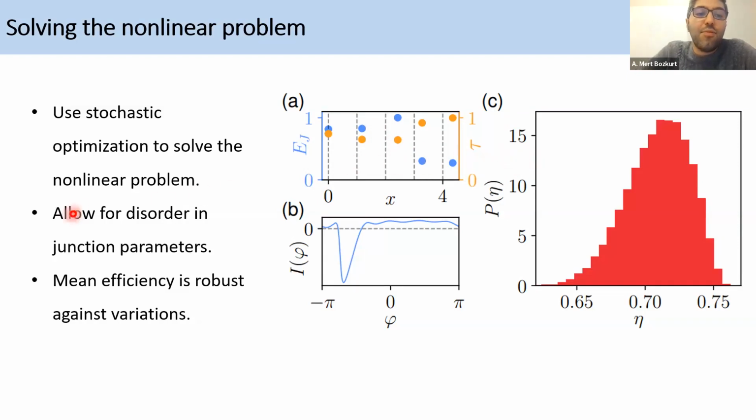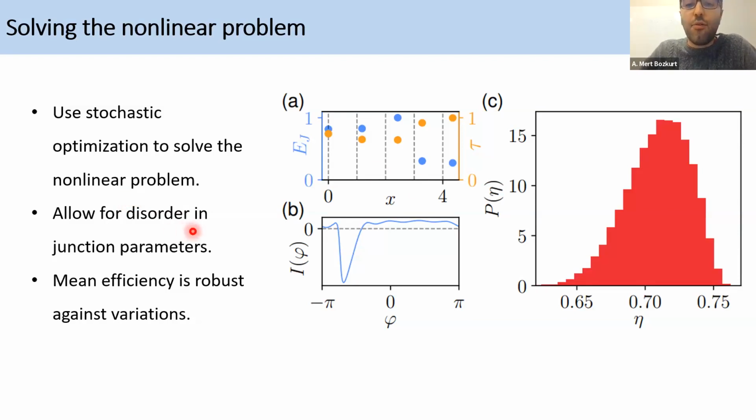And furthermore, since we are using a stochastic optimization, we can actually allow for junction parameters to vary. So let's say that we have a design. In principle, one needs to go and fabricate this, and of course, there can be variations in the junction parameters in experiments. So we want our effect to be robust against these variations.